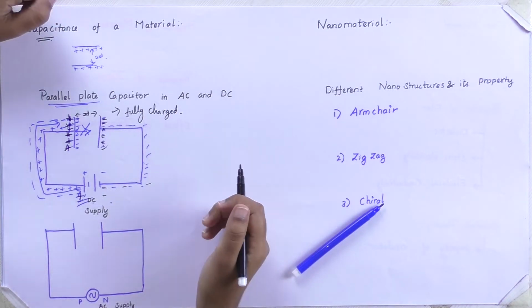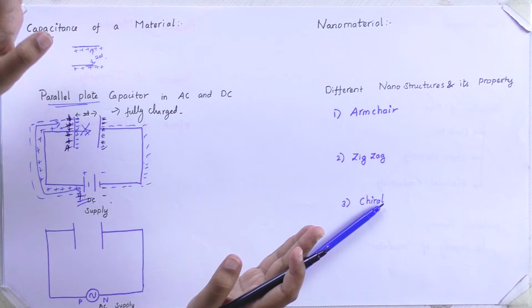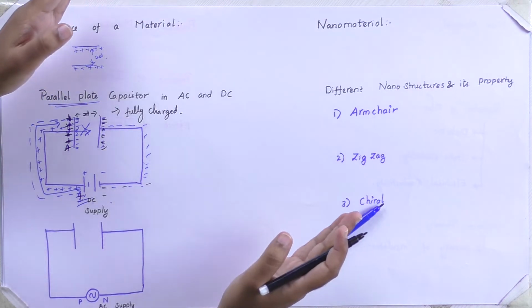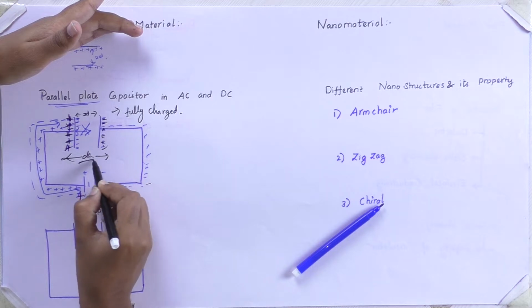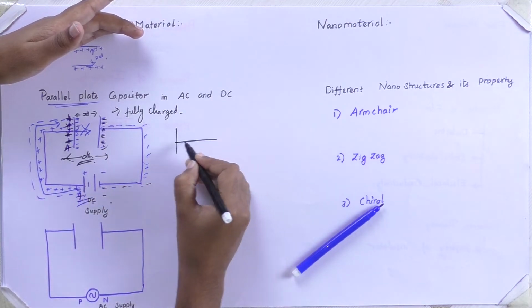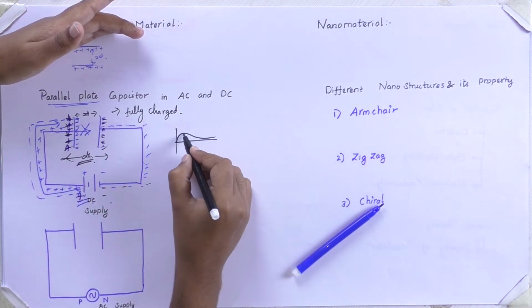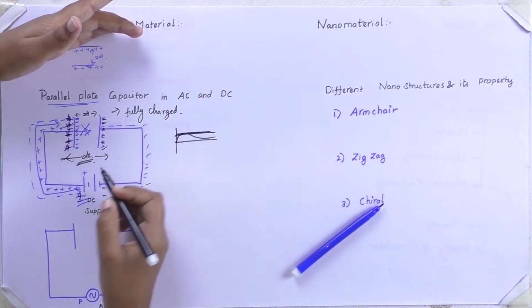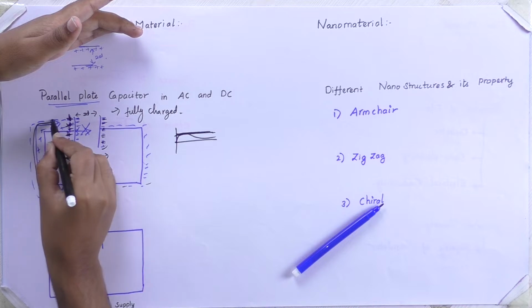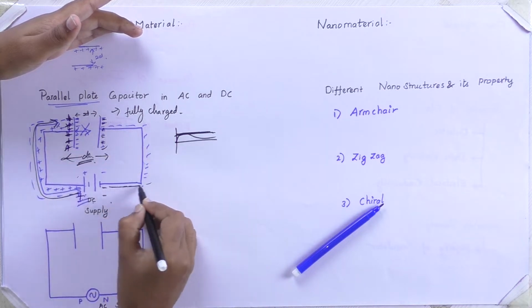What happens if the capacitor is fully charged? Once the capacitor is fully charged, if you connect a DC supply, it will never allow DC. For DC, which is only positive, once the capacitor is fully charged there is no means of discharging.